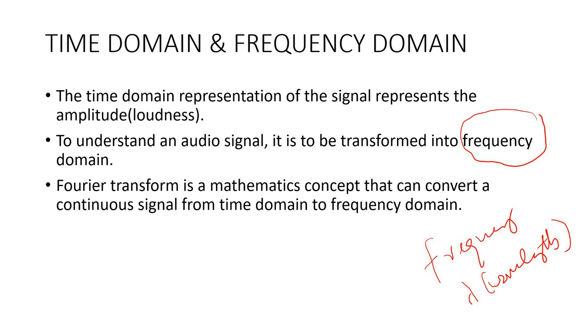Here, the Fourier transform comes into the picture. Fourier transform is a mathematical concept that can convert a continuous signal from the time domain to the frequency domain. A continuous signal, not a discrete signal. It cannot convert a discrete signal.